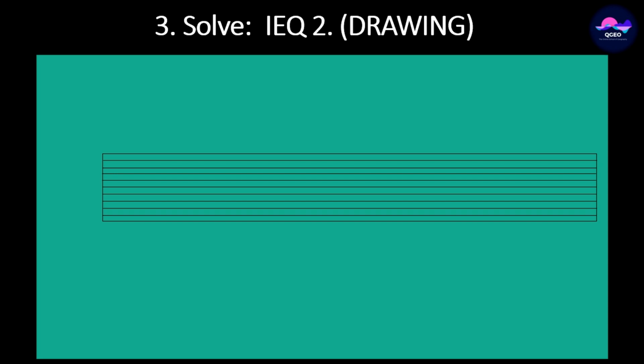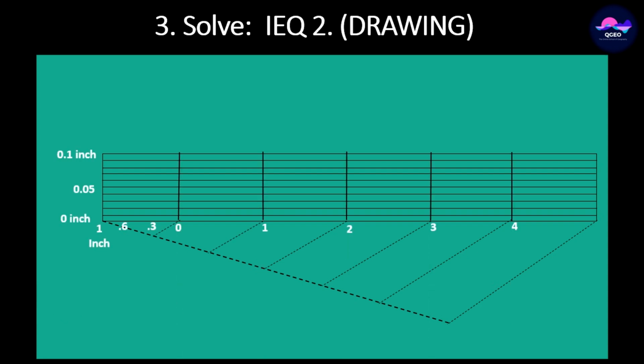Now come to the drawing part. Here, draw the total length of the scale, and 10 equal horizontal lines on the vertical side with equal spacing.